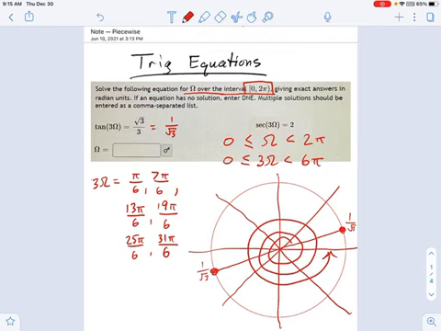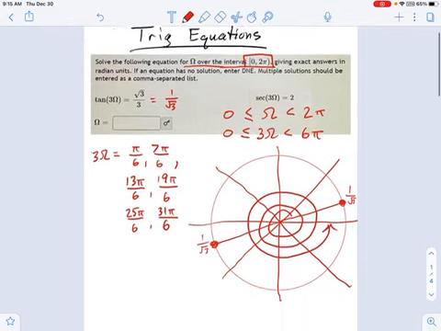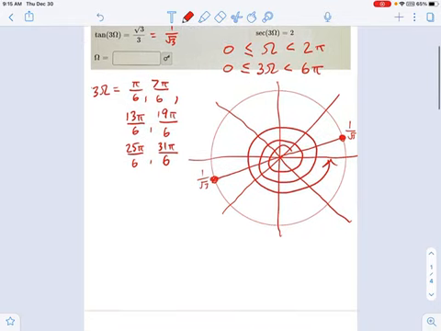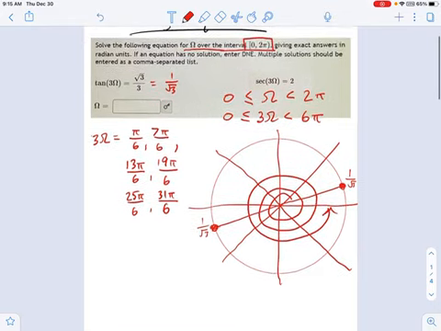And now what remains is to divide everything by 3. And then we'll be done. So that means omega equals pi over 18. We're just dividing pi over 6 by 3. 7 pi over 18. 13 pi over 18. And so on.